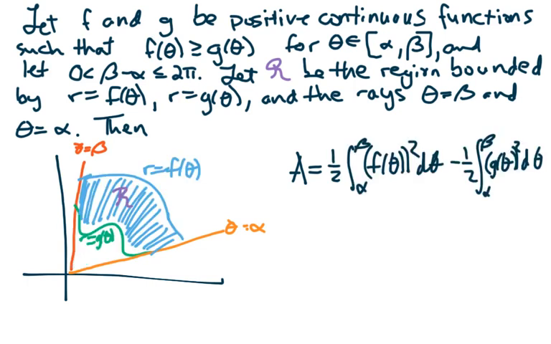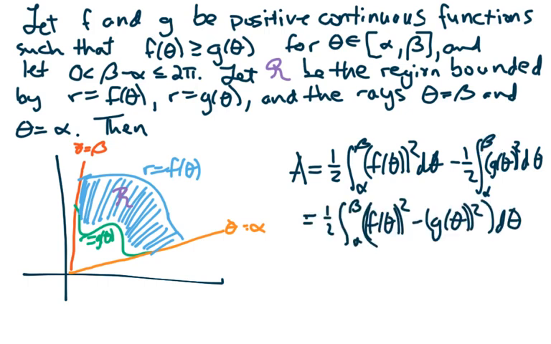When you subtract these two areas, you get the region R. You take away the green stuff from the blue stuff, and all of a sudden you get R. That's the difference of these two integrals, which, because they both have a common factor of 1/2, and they're both integrated from alpha to beta, we can combine into one definite integral. That should sound an awful lot like what we did when we found the area between two curves in rectangular coordinates a long time ago. It should, because it's very similar.